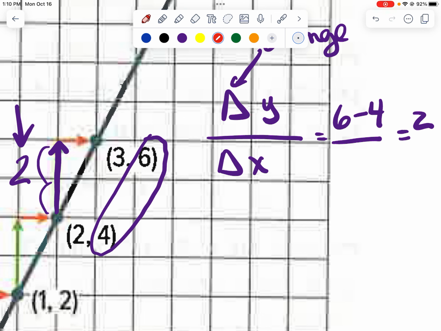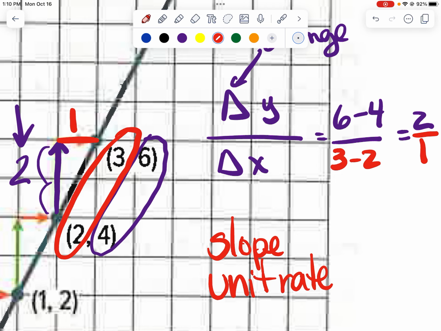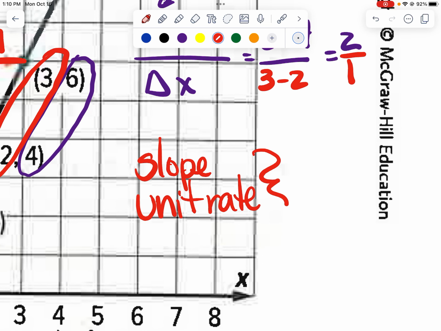Then I'm going to look at my x values. Well, how far over did I go? I went over 1 time. So let's look at these x values. 3 minus 2 is 1. So my slope, my unit rate, these right here are 2. But 2 what? Okay?